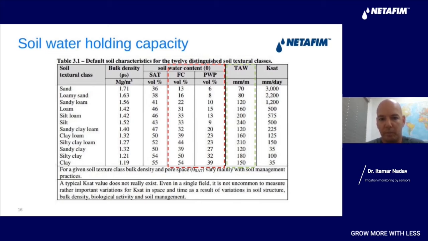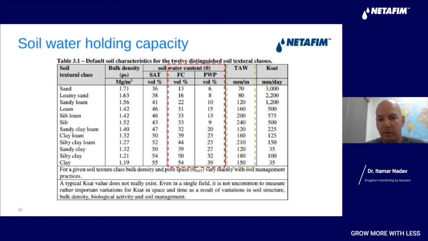You can see the field capacity and wilting point, or permanent wilting point, with different values for different soils. And if you go from sandy soils to clay soils, the water content at field capacity and wilting point increases because the soil can hold much more water.